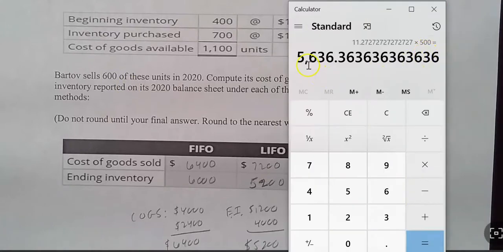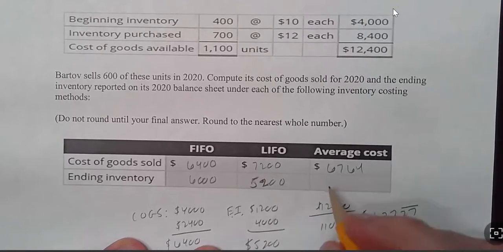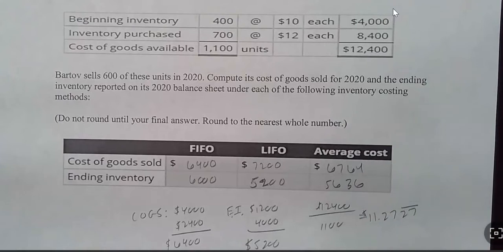So that's 5,636. And if we were to take these two figures here and plot those into the calculator, we would find out that that does in fact come out to 12,400.